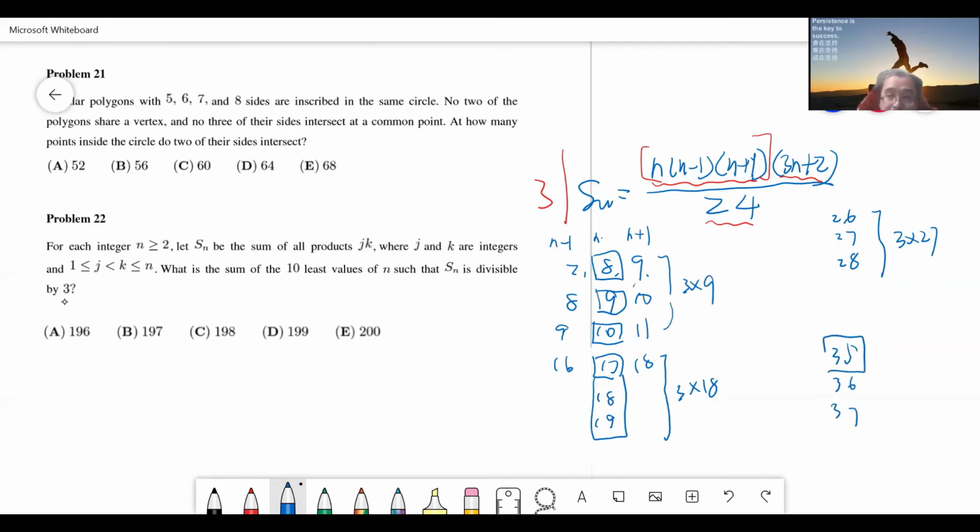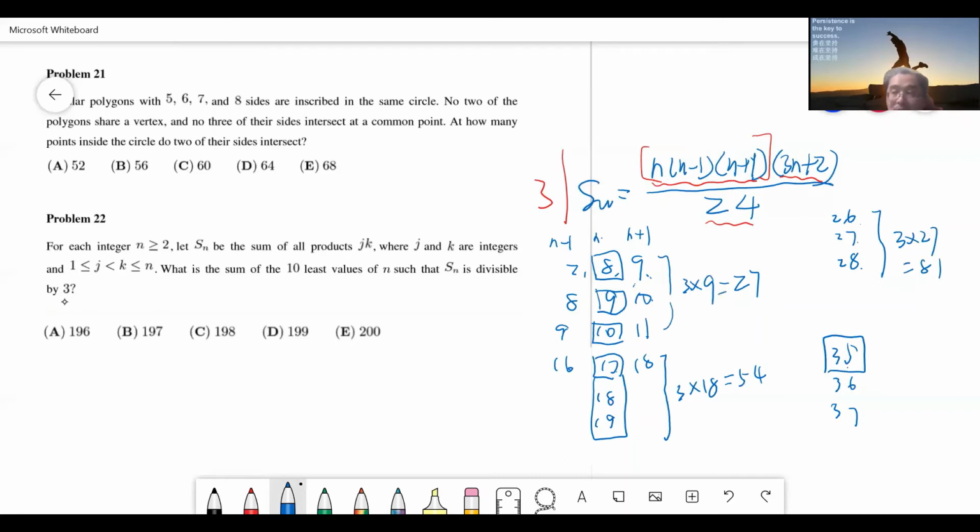Now basically we just want the first 10 numbers. That's going to be 9, 10, 11, so 17, 18, 19, then 26, 27, 28, and 35. So we add this 27, this is 54, this is 81. Then we need to add 35.